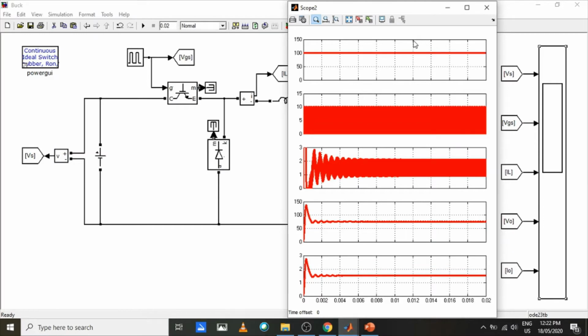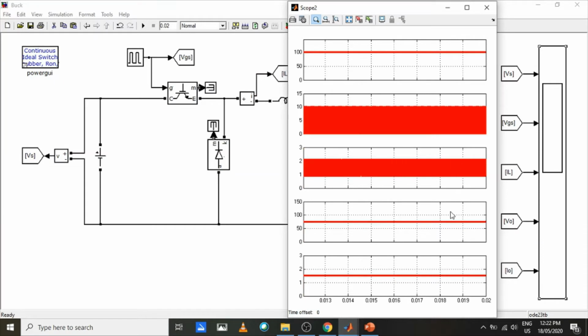When I zoom the steady-state waveforms, we can see the output voltage of the converter is lower than the input voltage. Hence, the buck converter has successfully stepped down the input DC voltage.